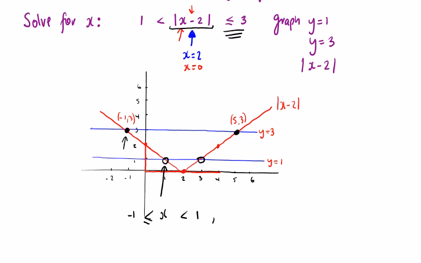And on the right hand side, I have 2 parts to it because this solution is not part of what we're looking for. And then I have my x value between 3 and 5. And the 5 is on the line y is equal to 3, so that's the less than or equal to part.